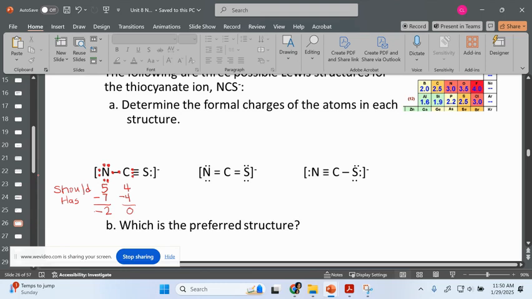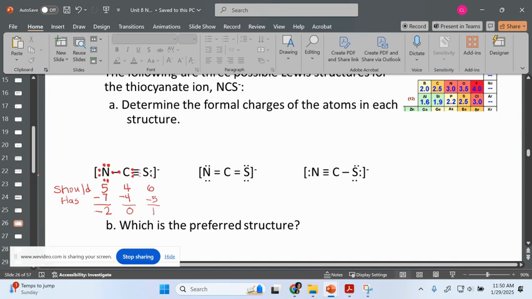How many should sulfur have? 6. How many does sulfur have? 1, 2, 3, 4, 5. You got it? You're seeing it? Is it making sense? All right. Okay, so 6 minus 5 is 1.